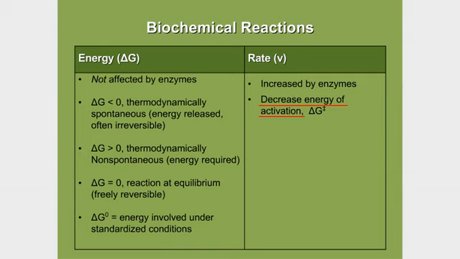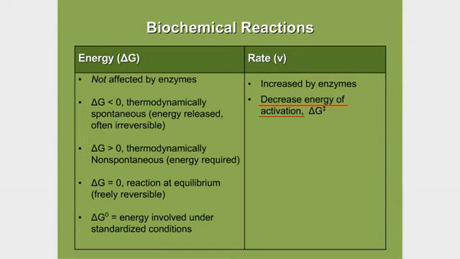Now, for a substrate to give up its energy, the substrate must first acquire a little bit of energy from the environment. And the energy from the environment is called delta G star. In the atmosphere right now, in the room that you're in right now, there's energy in this room. That's called delta G star. The energy from your body temperature, the energy from the lights, the energy from the computer, the energy in the environment is called delta G star.